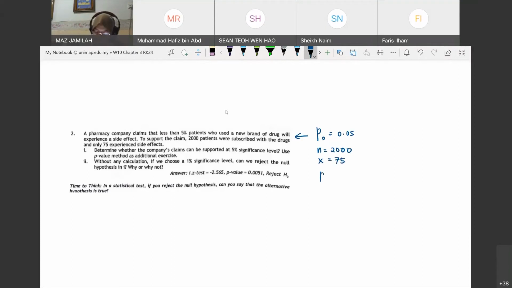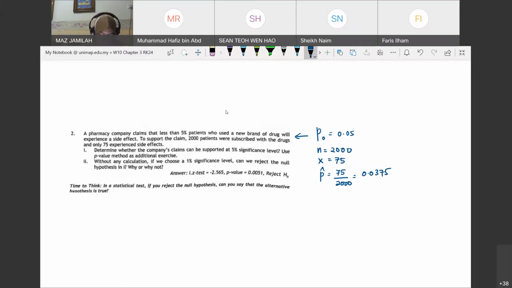Then P hat is obtained by 75 divided by 2,000, and you will get 0.0375. So that would be your P hat. Now, let us look at question number 1. Determine whether the company's claim can be supported at the 5% significance level.